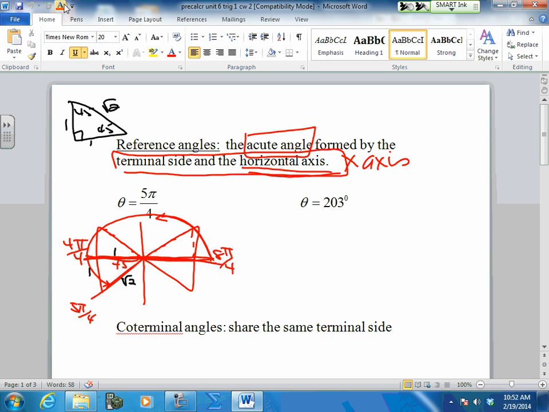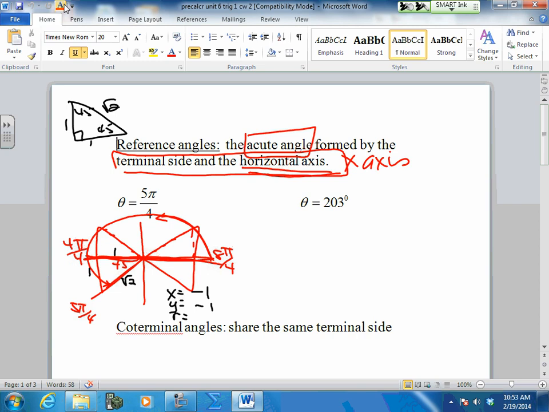Now, pull out your information. X in this quadrant, off my x-axis, is that x positive or negative? Negative. So it's negative 1. Down here, is my y negative or positive? Negative 1. My radius is always positive.